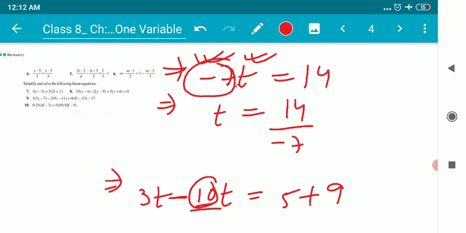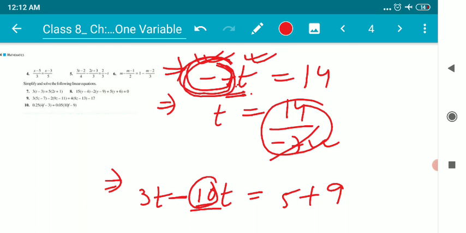So the relation attached with the variable gets the preference first. It is minus 7, we know that, but it is into with t. That is why the moment I am transposing this number to the right hand side, it is going to be divided. So minus 7 will cancel, 14 by 7 is 2. As the denominator had a minus sign, the answer will be minus 2. The value of t will be minus 2.